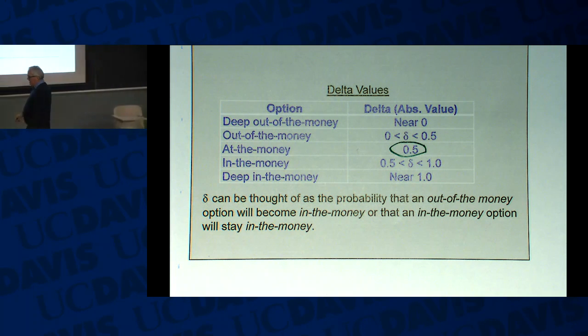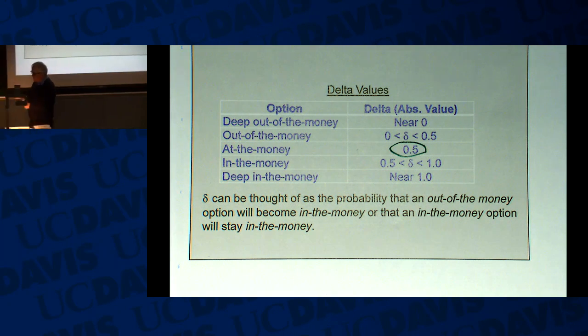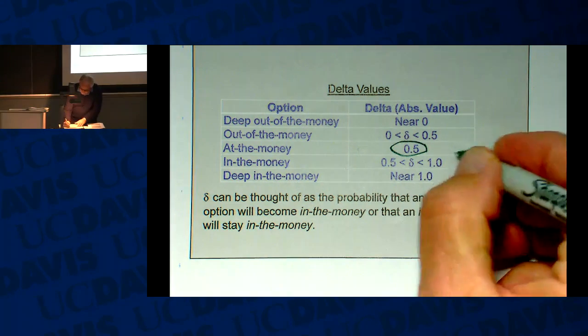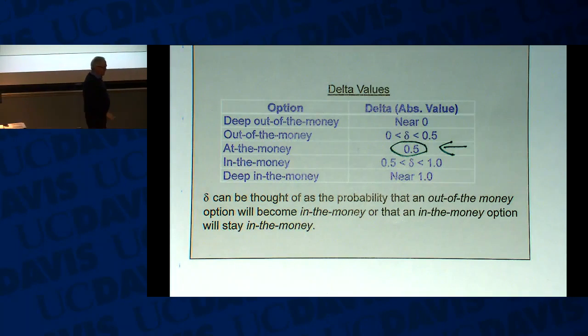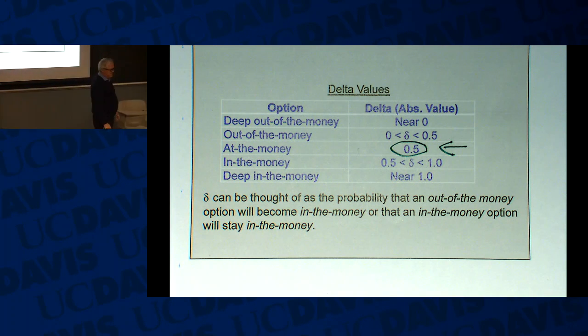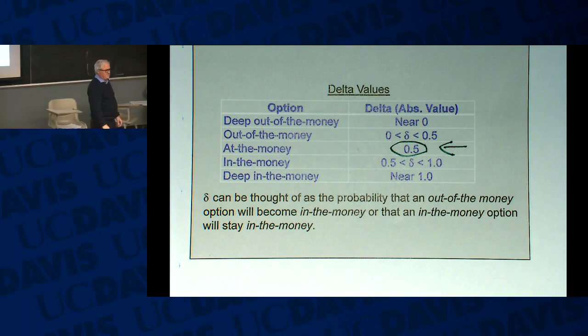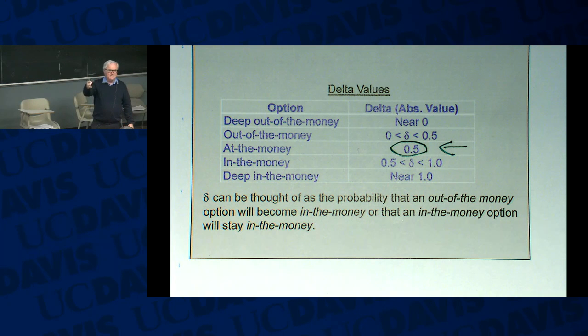So the reason that the delta is 0.5 for an option that's at the money, you can think of that as a probability. If it's at the money, there's about a 50-50 chance that it's going to move in the money versus out of the money. Okay? So why is this important?